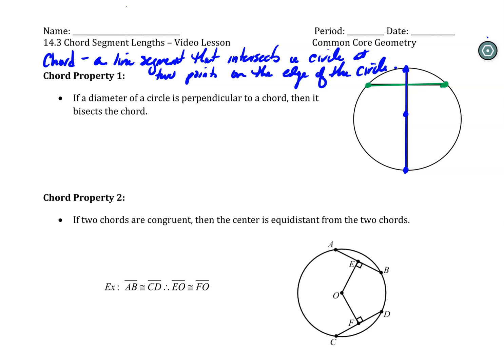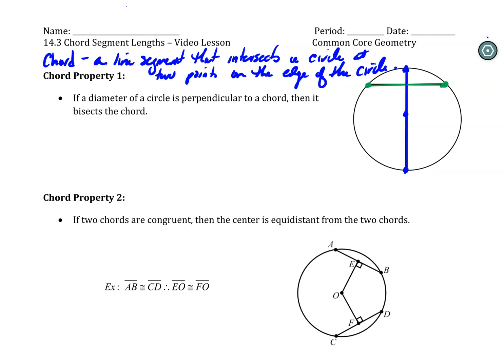All right, so 2 properties that come along with chords. The first one is that if you have the diameter and a chord intersecting, they're going to bisect each other. Sorry, not each other. The diameter is going to bisect the chord.